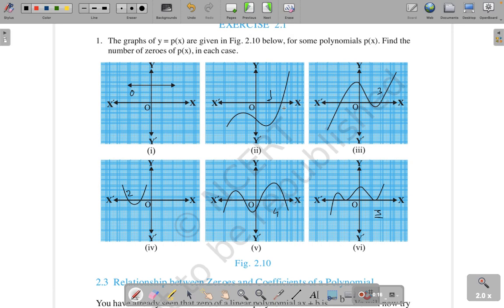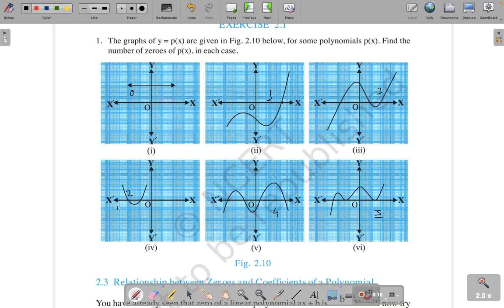No, right? If the degree was 1, it would have been a straight line. It means that one root is real, others are imaginary. So by looking at the graph, you cannot say for sure.